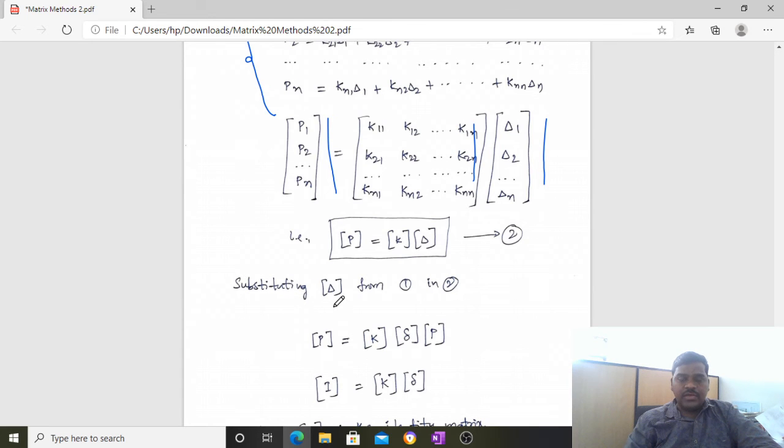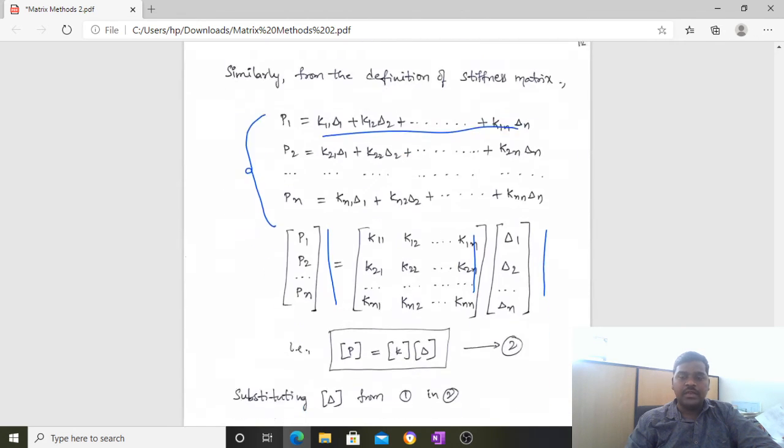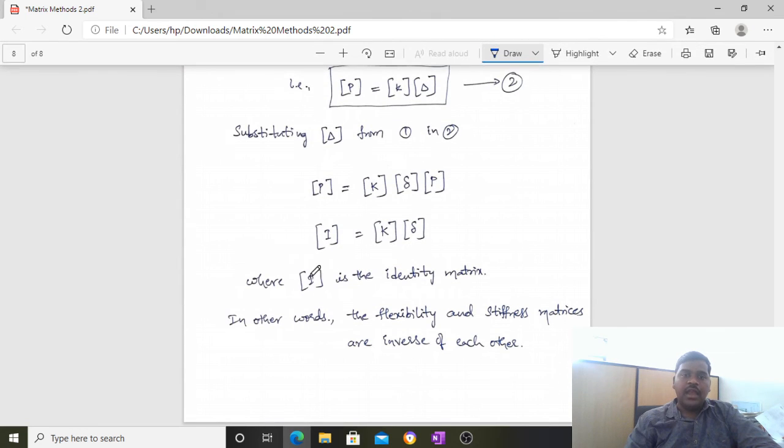Substituting that delta in the other equation, equation number 1, that is substituting this delta in the flexibility matrix relation, we get P is equal to K into delta into P. So that P and P we can write as I, where I is nothing but the identity matrix. So this I comes from these two P's.